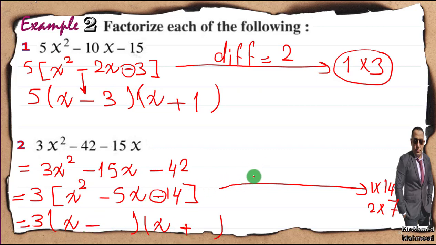I need two numbers. The difference between them equals 5. The difference equals 5 there, 2 and 7. So I'm going to write 7 with the middle sign. The middle sign is here. So 7 here and 2 here.